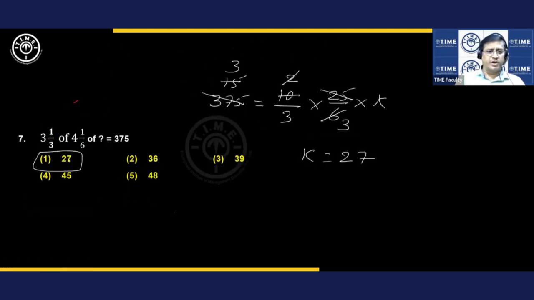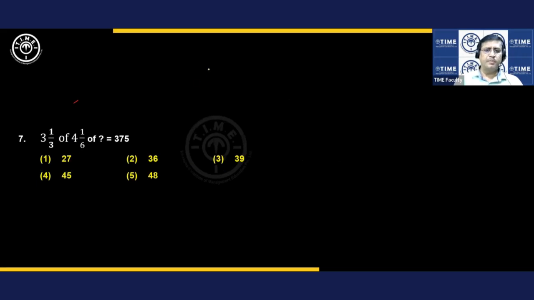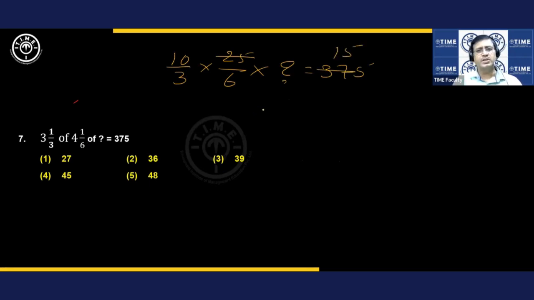Right. What is the seventh question? Just look at this one. 3 1 by 3, that is 10 by 3. 3 1 by 3 means 10 by 3. 4 1 by 6 means 25 by 6. Into question mark is equal to 375. 25 here goes exactly 15 times in 375. 375 is a multiple of 25. How many times? 15 times.